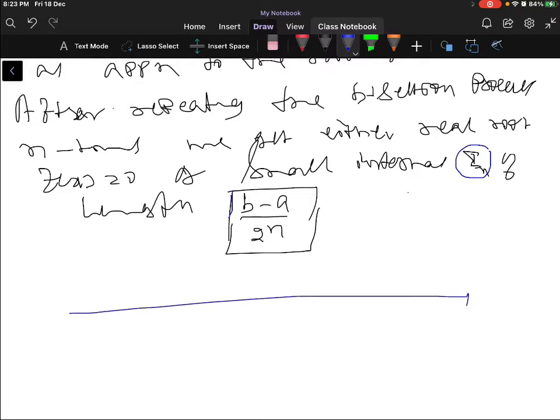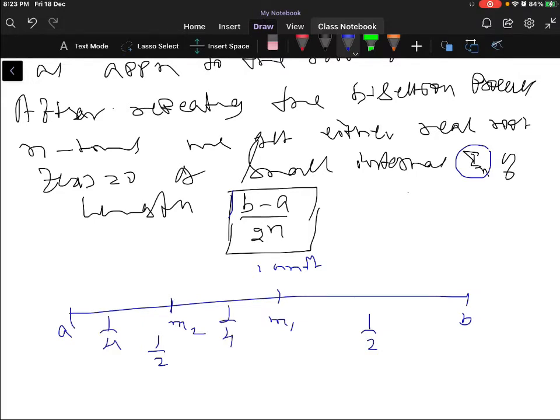Let us take the interval a b of 1 unit. Bisect the interval at m1. The length of the interval a comma m1 is half, and the length of the interval m1 comma b is also half. Suppose the product of f of a and f of m1 is negative, so again divide the interval at m2.